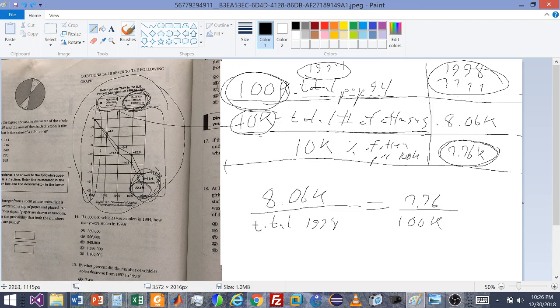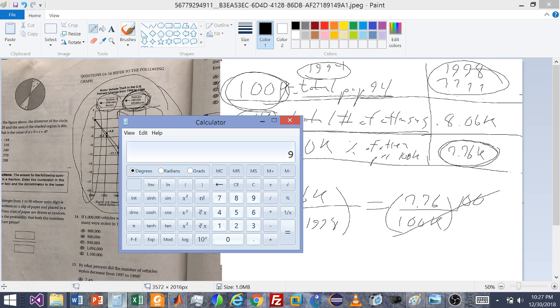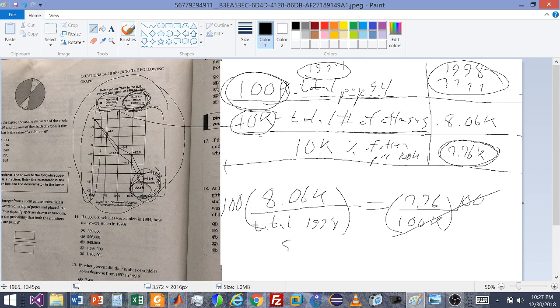All I'm going to do is cross multiply. So I take this side times 100, take this side times 100. That's going to divide out. That's going to give me 8.06 times 100 equals obviously 806. So this becomes 806 per total population in 1998 equals 7.76 thousand.